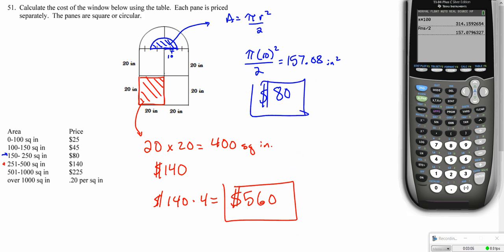Now the last one, the weird one, let's go orange. Right here is a pane of glass, and there are 2 of them like that. It's a quarter of a circle, but not a quarter of a whole circle; it's a quarter of a circle minus this chunk. First, I'm going to find the area of this whole big circle.